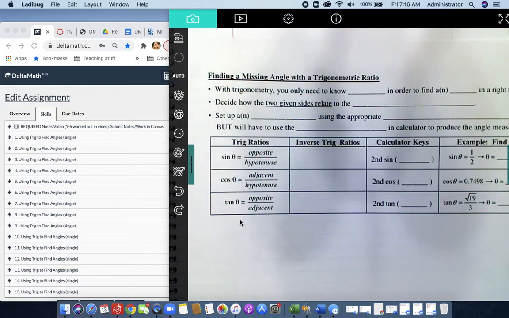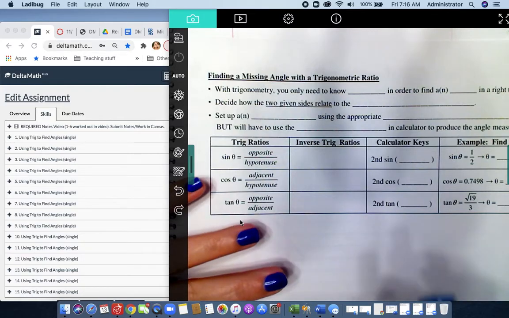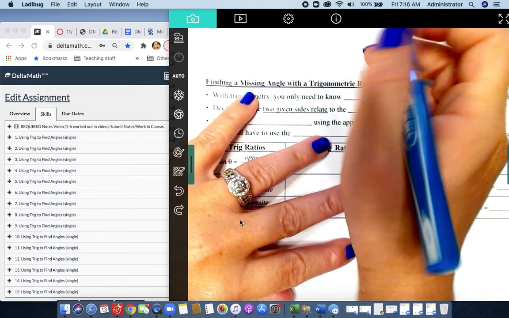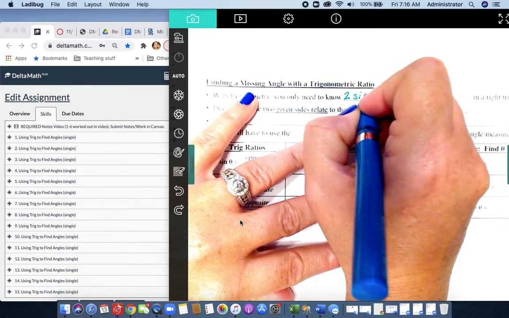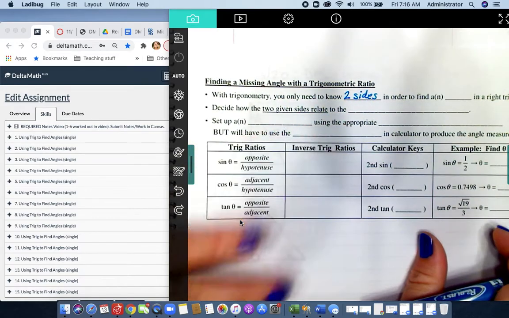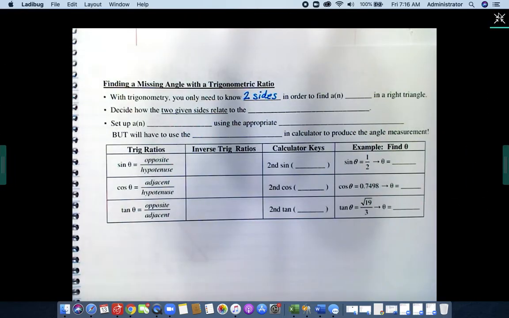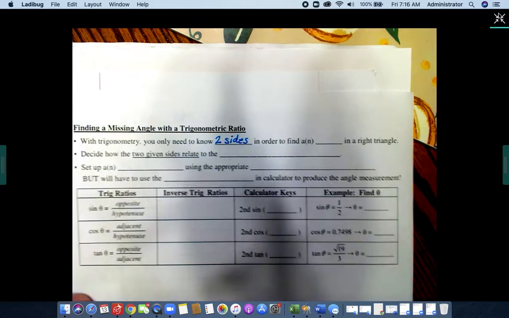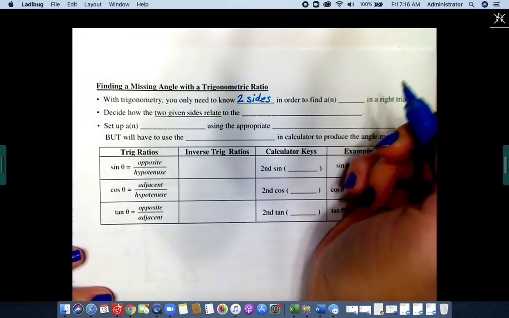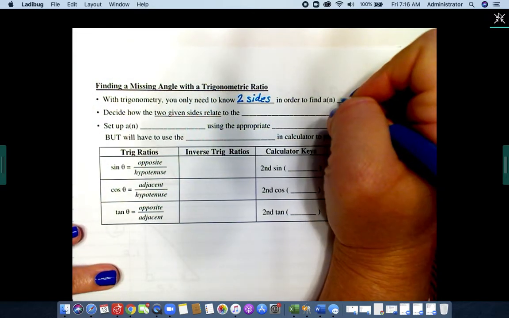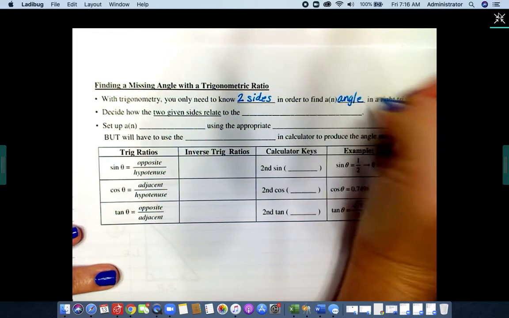So it says finding a missing angle with a trig ratio. With trigonometry, you only need to know two sides in order to find an angle in a right triangle. You only need to know two sides in order to find an angle in a right triangle.